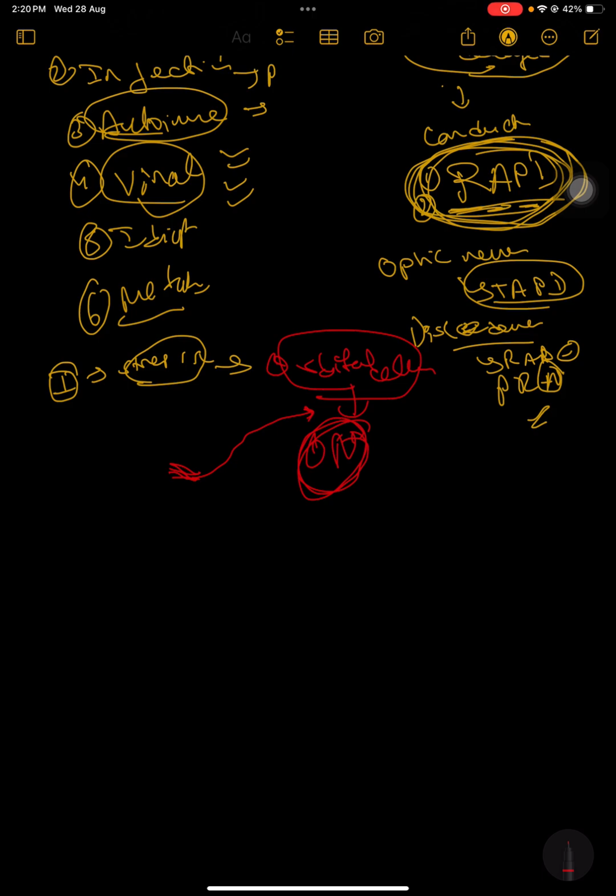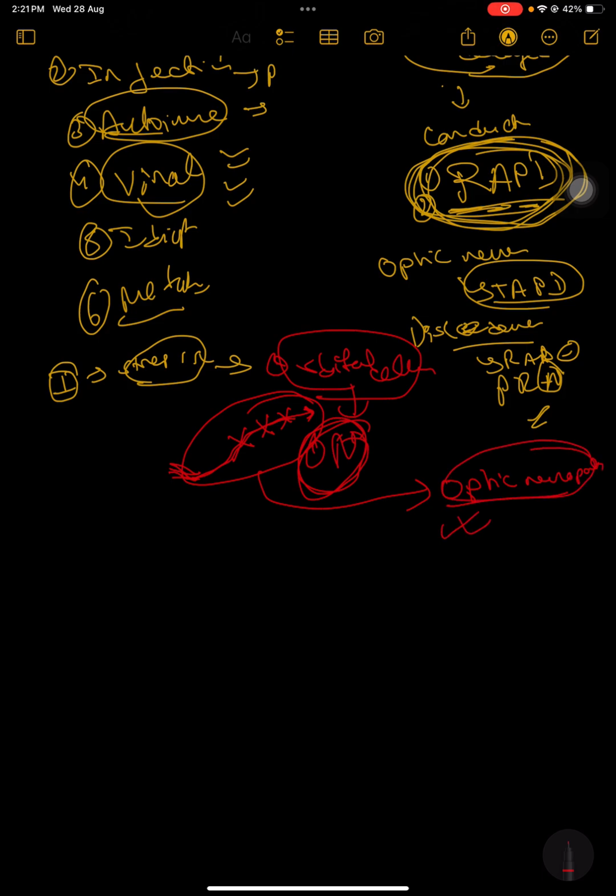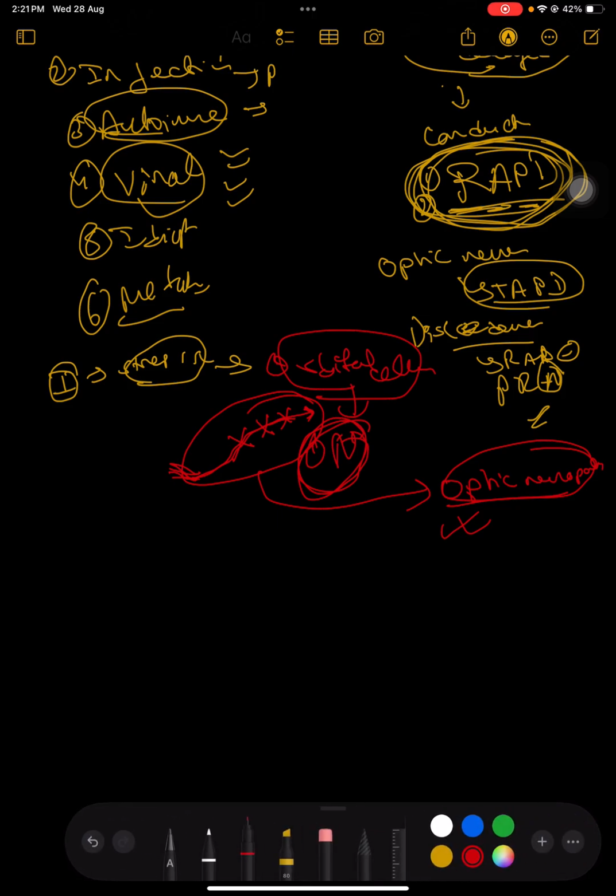There are nerve fibers, and it goes towards the brain. And this pathway, if it is halted, disrupted, or interrupted, then that will lead to optic neuropathy. So are we getting this point till here?